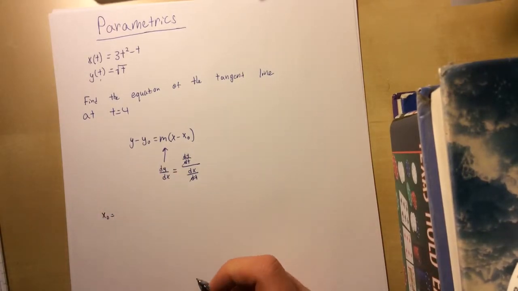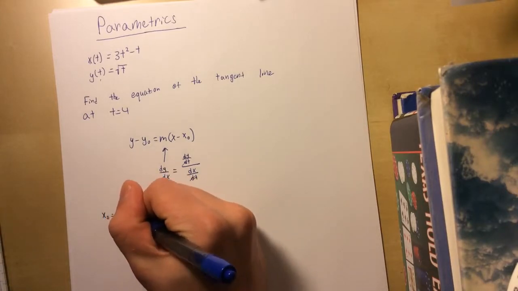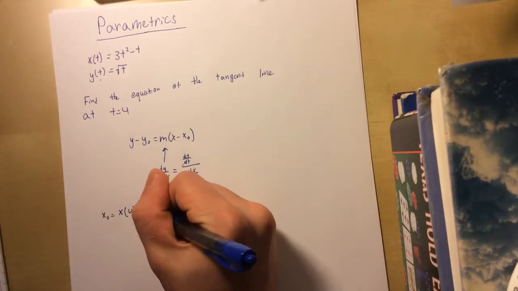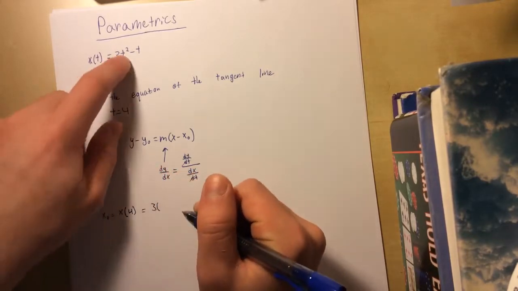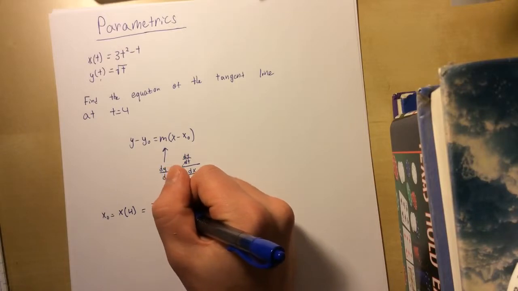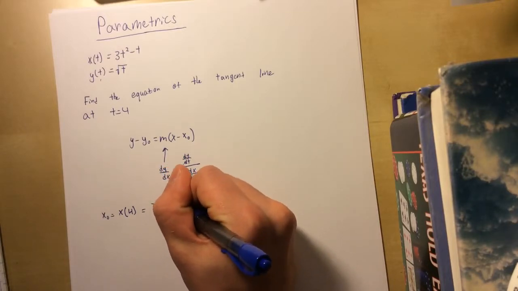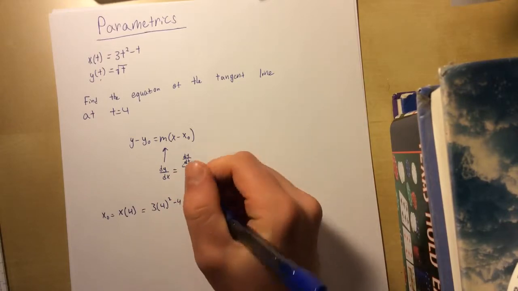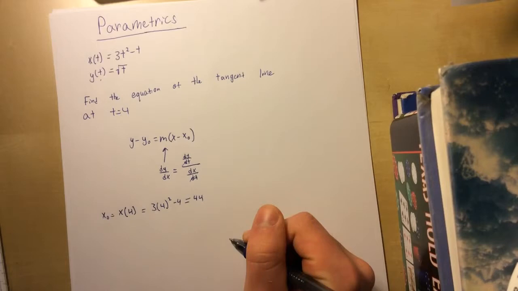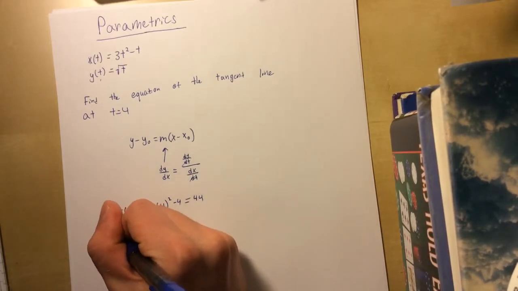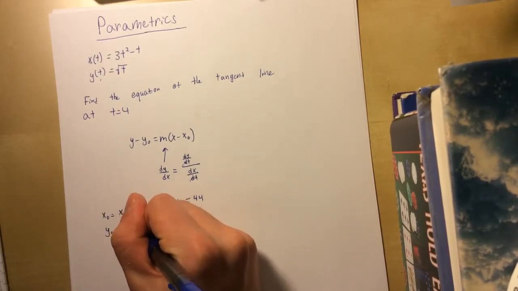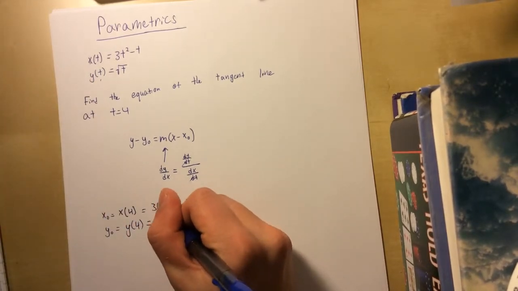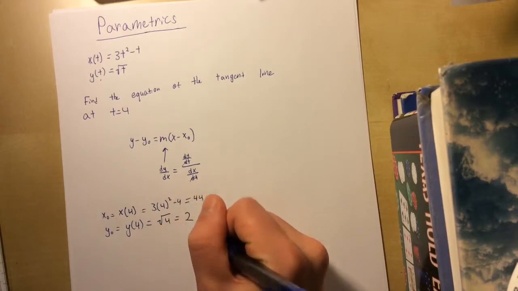X naught is going to be equal to x of 4, because t is equal to 4, which is 3 times 4 squared minus 4, and that's 3 times 12 minus 4, 44. And y naught is equal to y of 4, so I just plug it into y of t, and that's just going to give me the square root of 4, which is equal to 2.